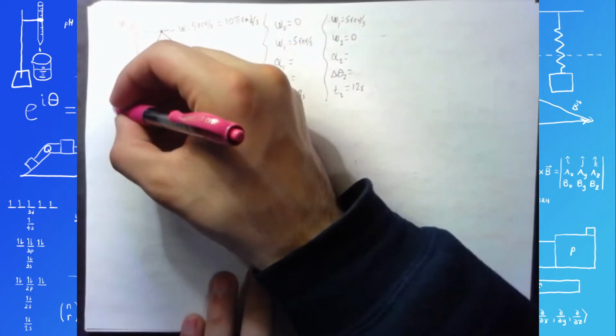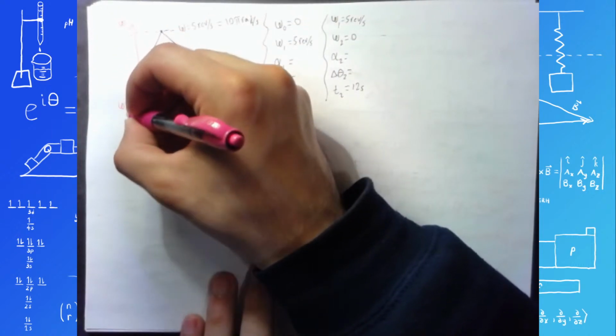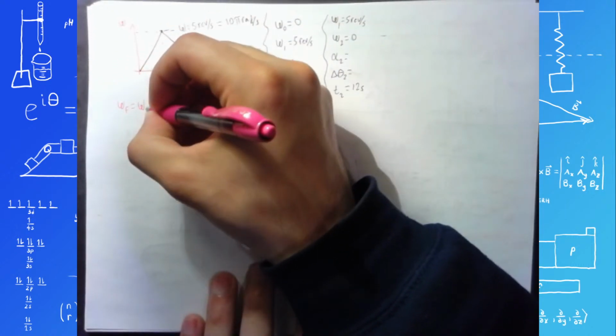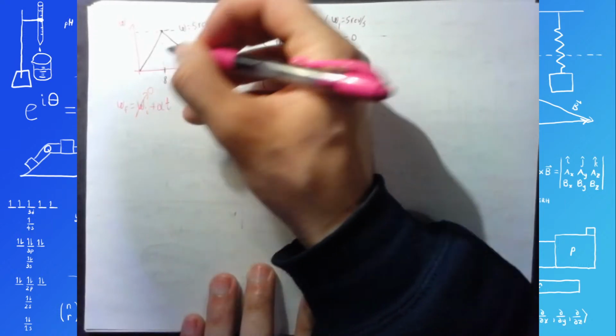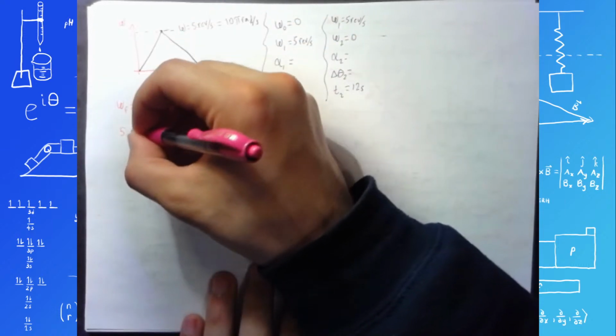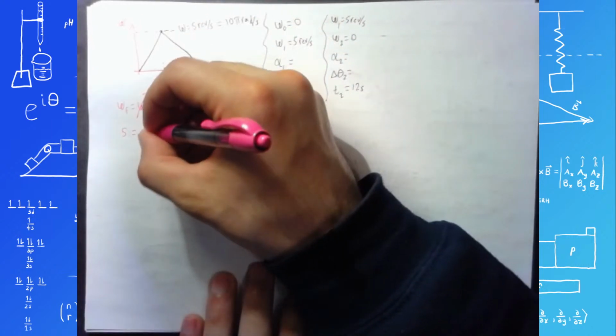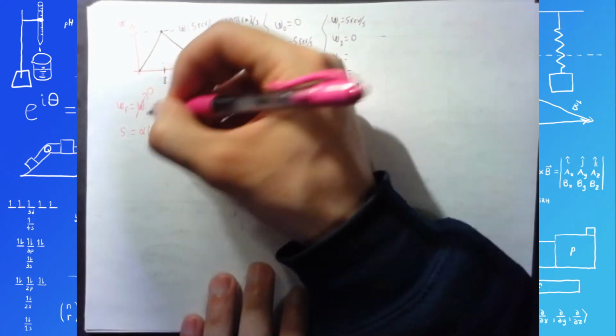So omega final equals omega initial plus alpha times t. Omega initial being 0, 5 revolutions per second equals alpha times 8.